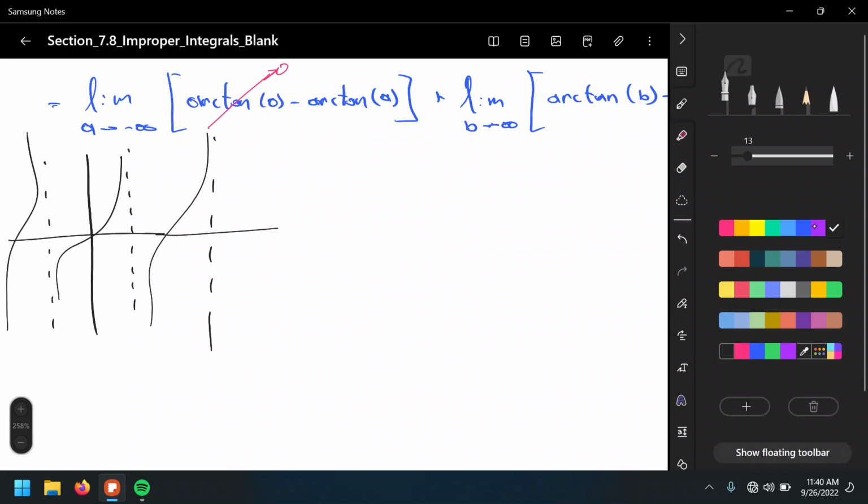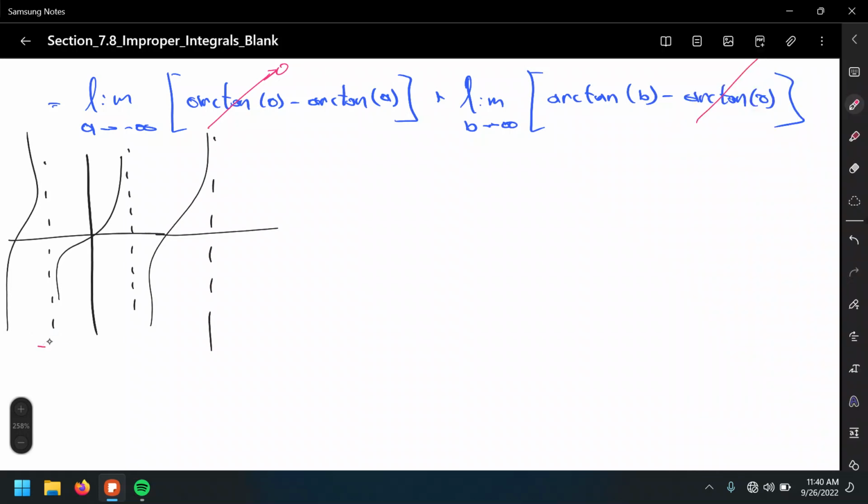The most important thing here is the labels for the asymptotes: negative pi over 2, pi over 2, 3 pi over 2. So we have these vertical asymptotes on the graph of the tangent function at all odd multiples of pi over 2. The next one would be 5 pi over 2, 7 pi over 2, 9 pi over 2, and on the negative side, negative 3 pi over 2, negative 5 pi over 2, etc.